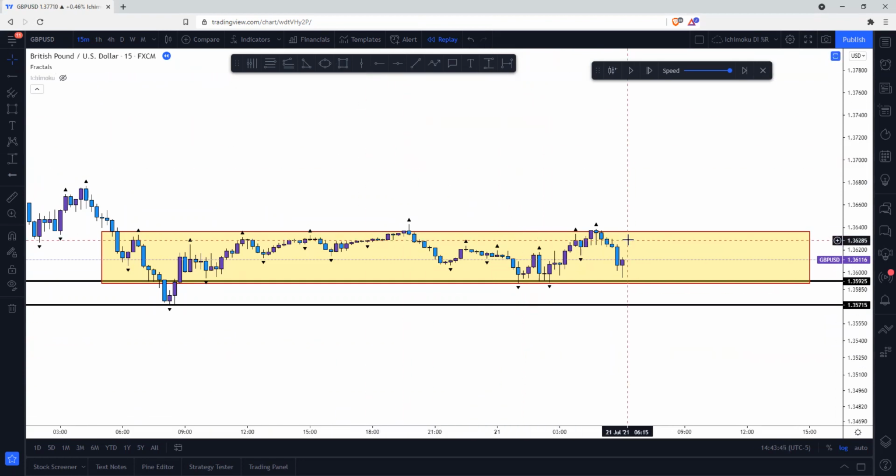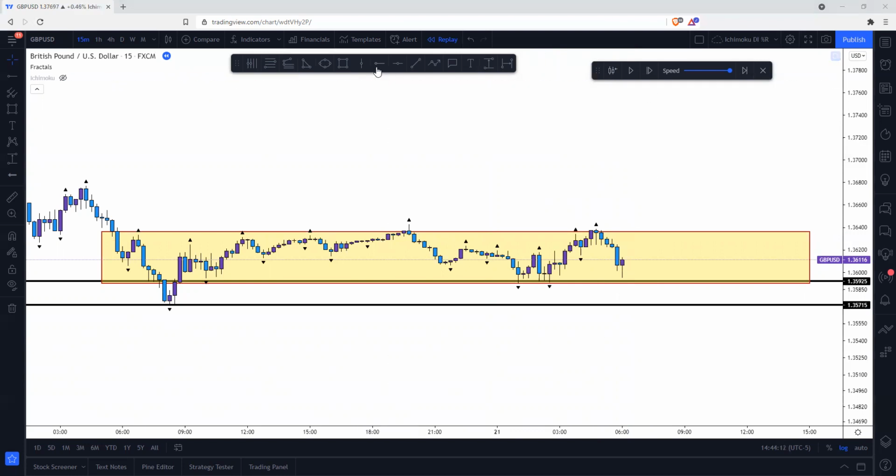So you could trade this, and the reason why is that you have to understand when it comes to trading, there are so many styles. If you're trading just pure price action, you could take this trade here because you have a level of support and you have a hammer candlestick.